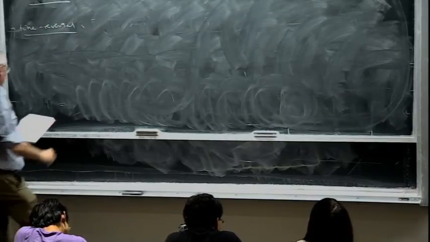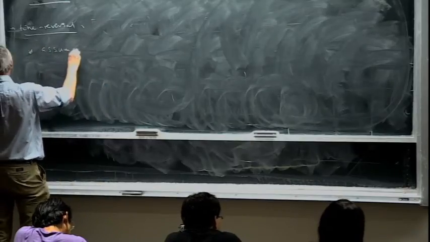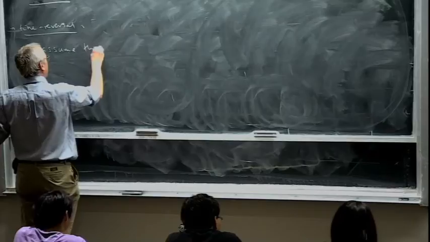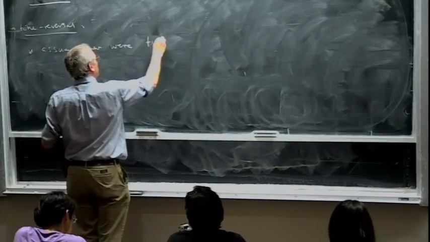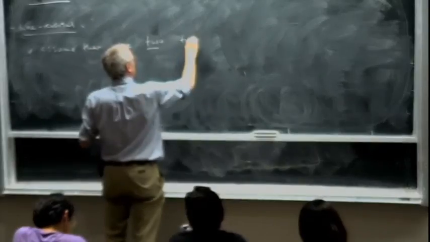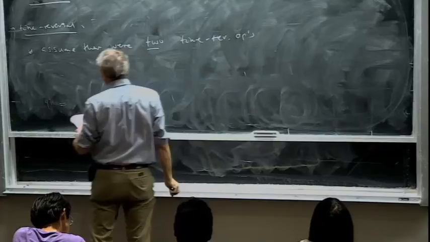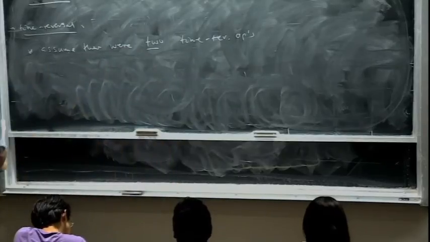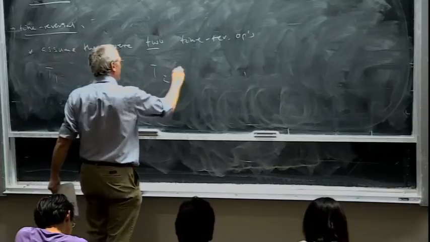So assume there were two time reversal operators. So let's give them some name, T1 and T2.